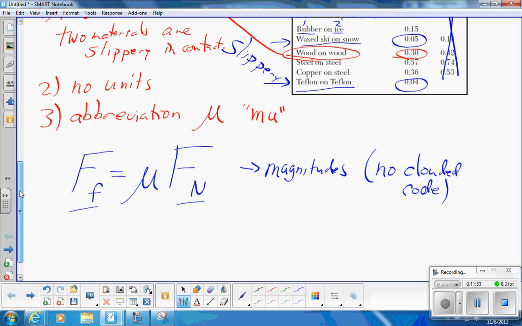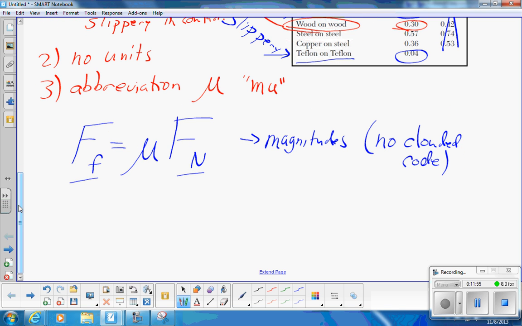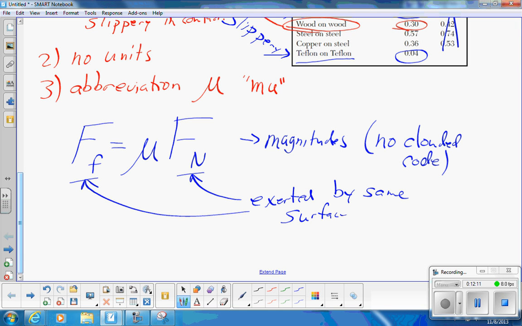And here's the key thing. To use this formula correctly, these two forces must be exerted by the same surface as each other. In other words, these two forces have to come from the same two surfaces in contact.